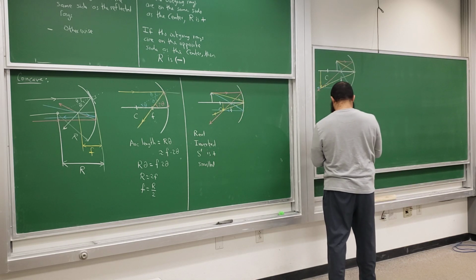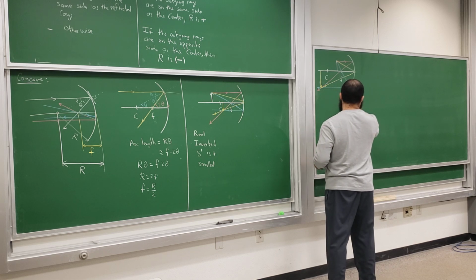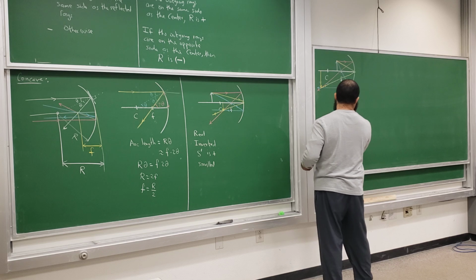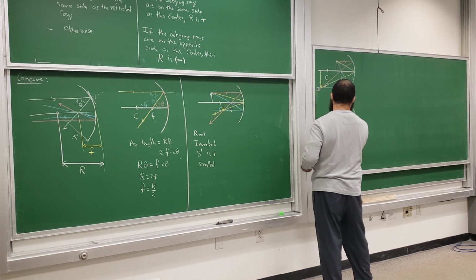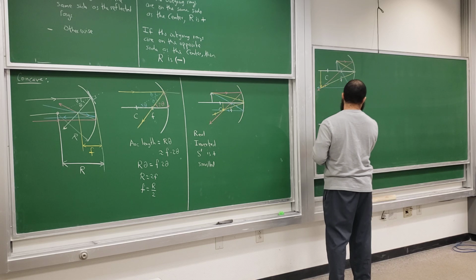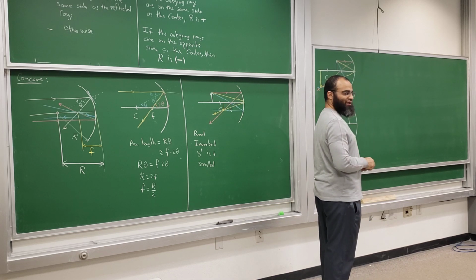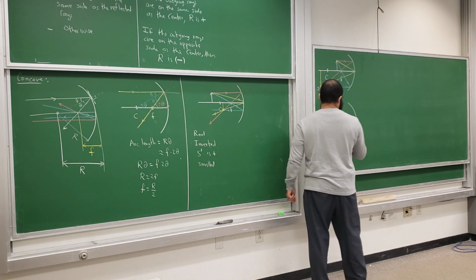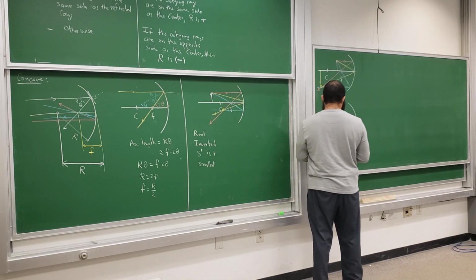Okay. And finally, for this one, here is the focal point, and here is C. And let's say our object now is here, between the mirror and the focal point. Let's draw the first ray.